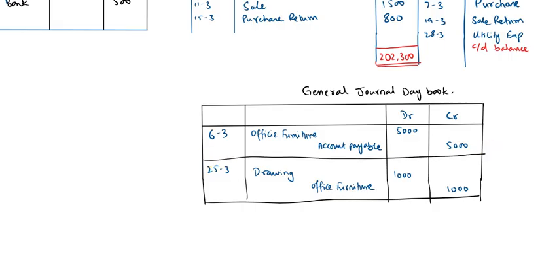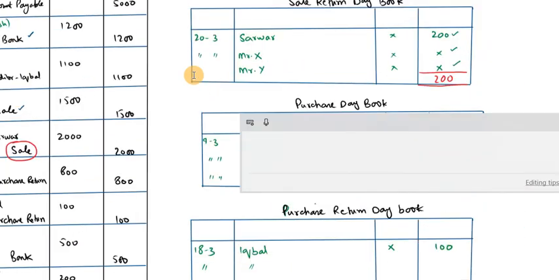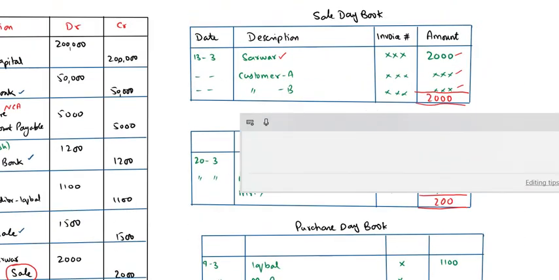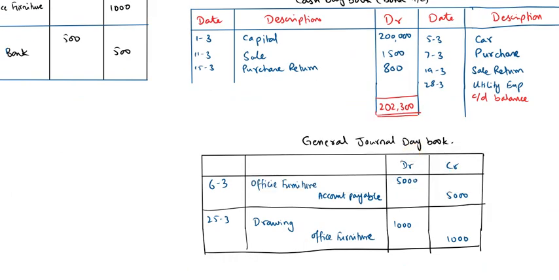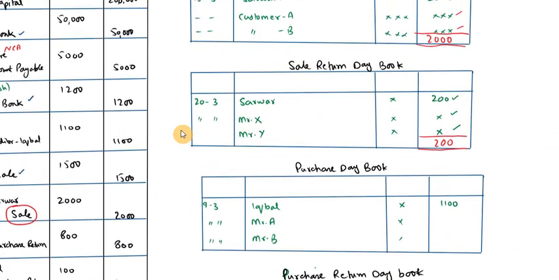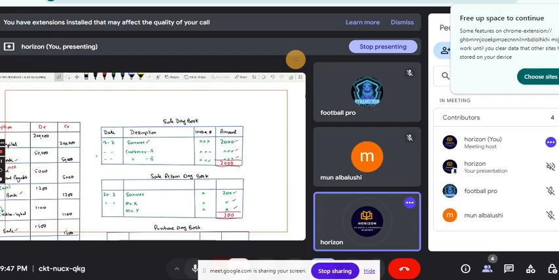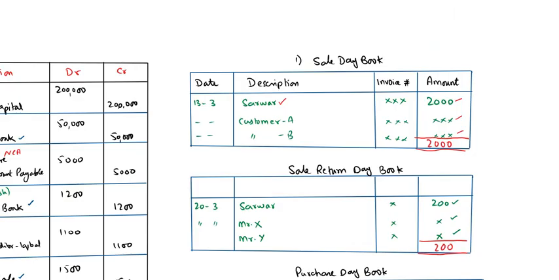Okay. So here we make the 6 types of books. Number one, we make the sale day book. The second one is the sale return day book.